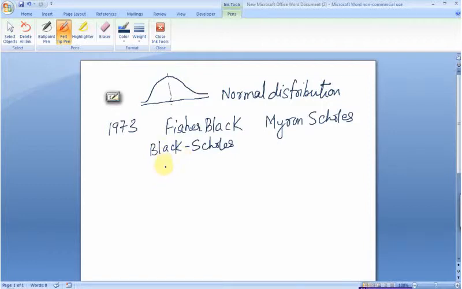This is the most commonly used theoretical pricing model for calculating the value of an option.